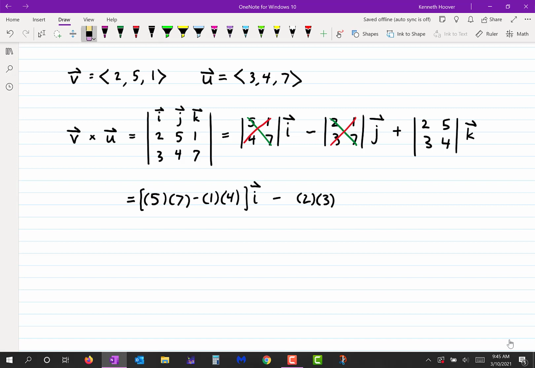That should have been a 7 there. Times the vector j, plus 2 times 4 minus 5 times 3 times k.